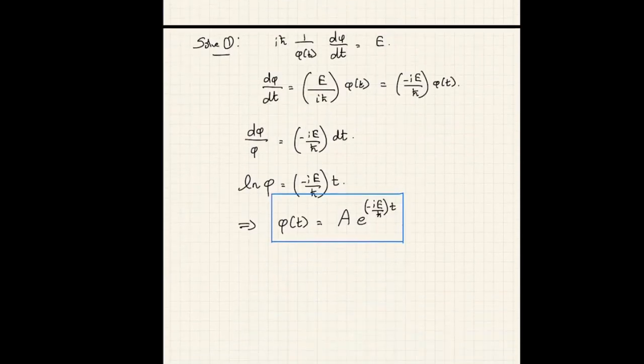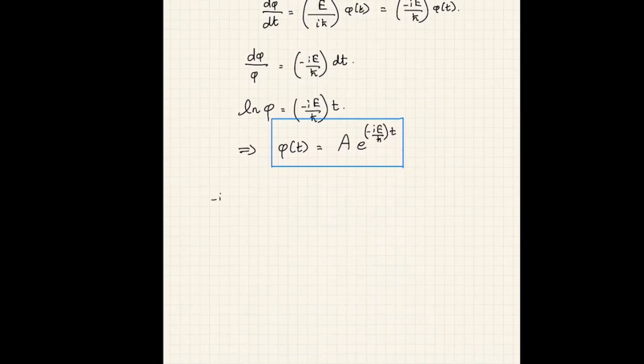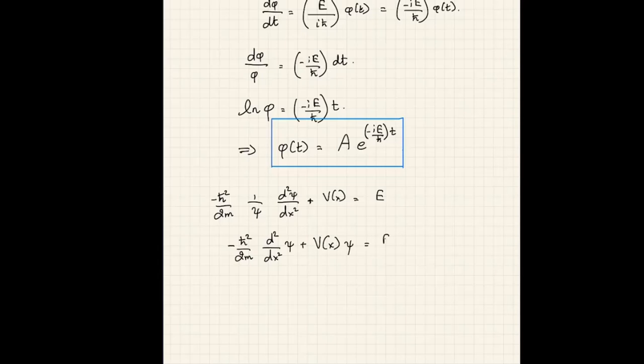So the other equation, which is minus ħ² over 2m (1/ψ) d²ψ/dx² plus V(x) equals E. Notice that I can rearrange this equation into minus ħ² over 2m d²/dx² ψ plus V(x) ψ equals E ψ.